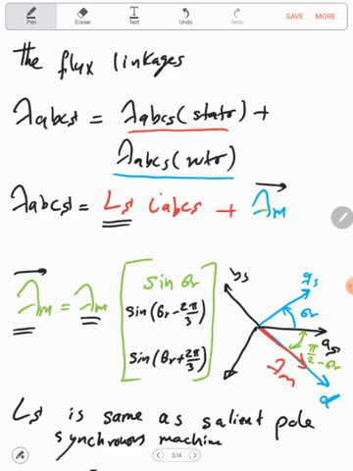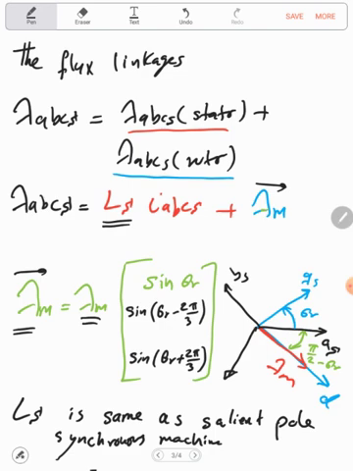So if you missed that, you simply can recall our lecture on the synchronous machine, the modeling of the synchronous machine in the ABC reference frame, and you can find a step-by-step method in order to calculate the self-inductance of the stator, which is also applicable here.